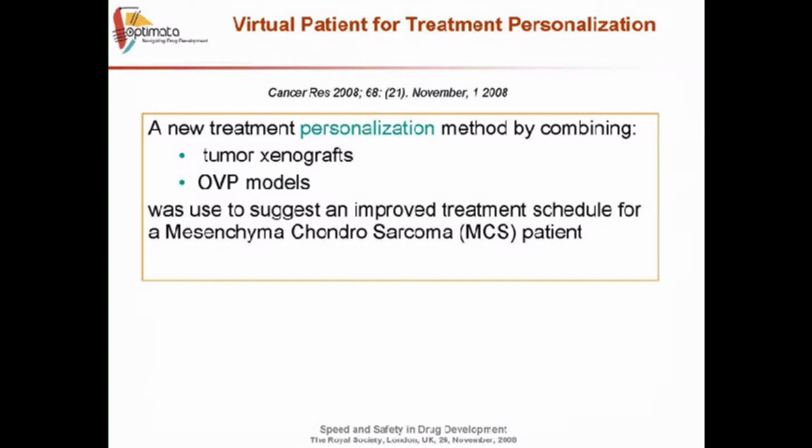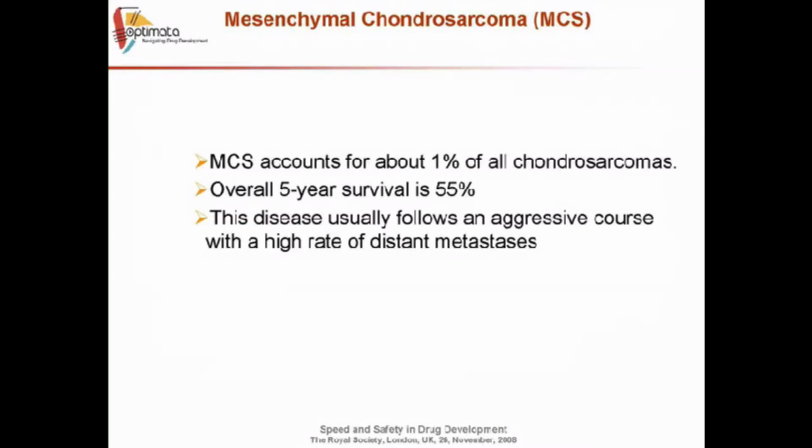And in this test case, we discuss a case of a man who had a mesenchymal chondrosarcoma. And this is a dreadful disease. It's a rare disease, very little information, and usually it follows an aggressive course with very little possibilities of cure.